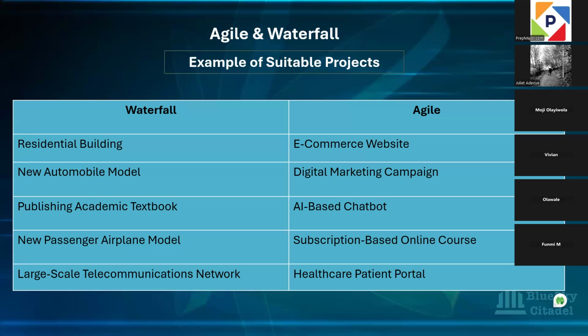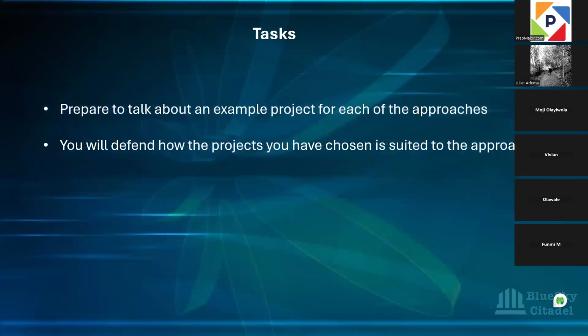Okay, so for our task for this week, before our next meeting, I'd like us to provide an example for each project management approach that we have talked about tonight.